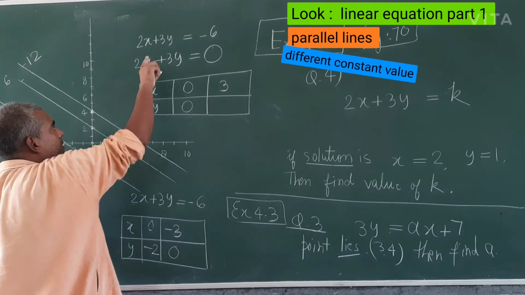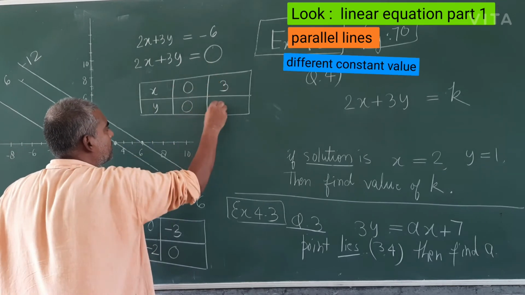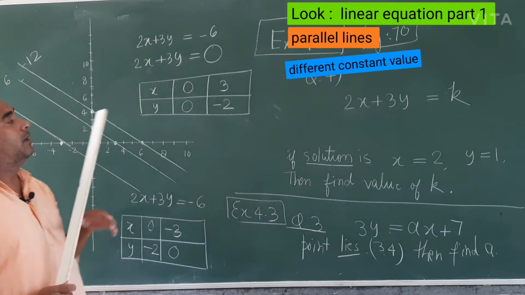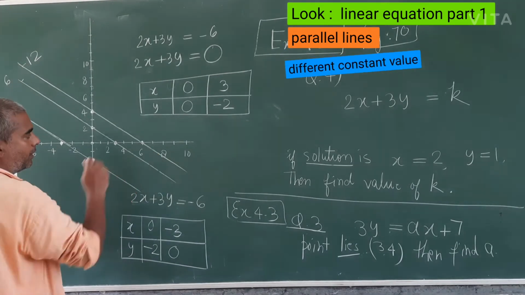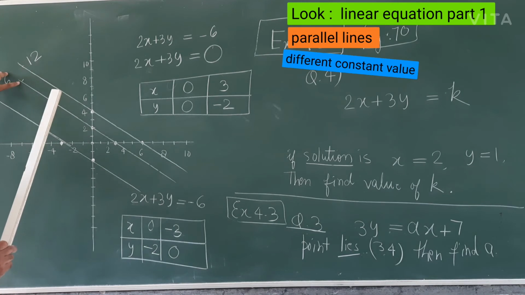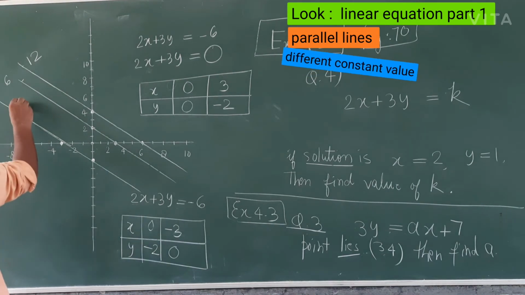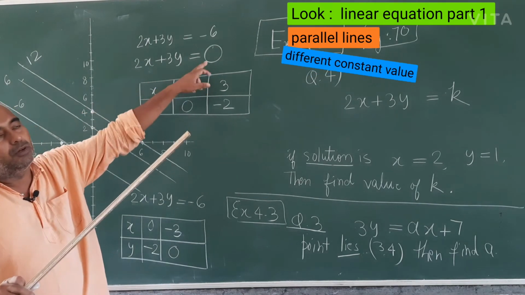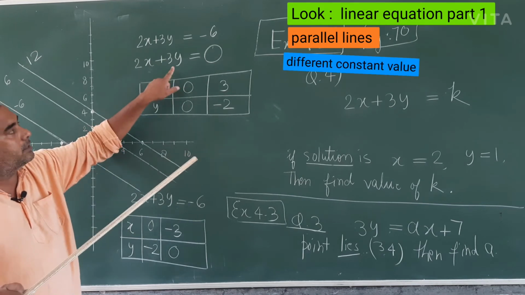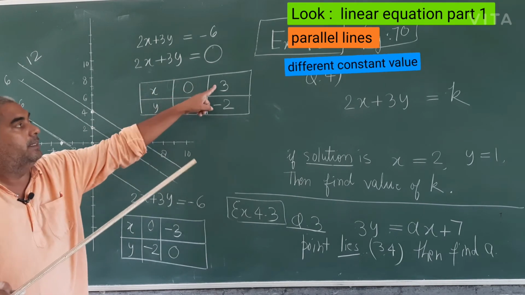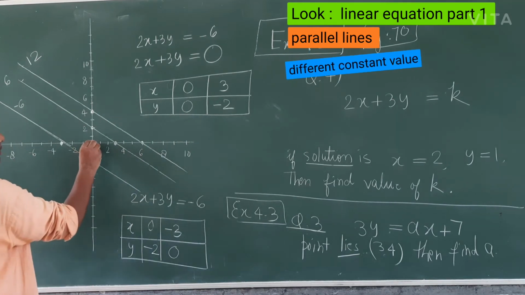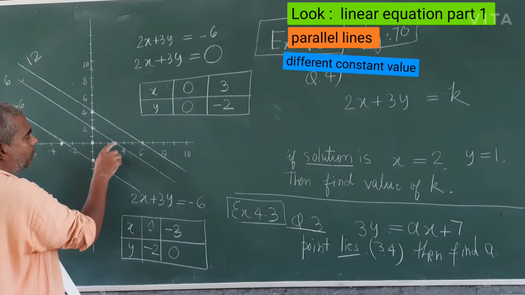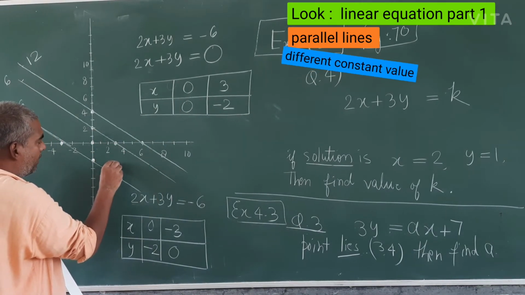So 3 into 2 is 6, minus 6, y is equal to minus 2. These are the 2 points. One point is 0, 0 because this line will pass through the origin, and the other is x equal to 3, y equal to minus 2. So far I have drawn: first 6, then 12, then minus 6, and now 2x plus 3y is equal to 0.